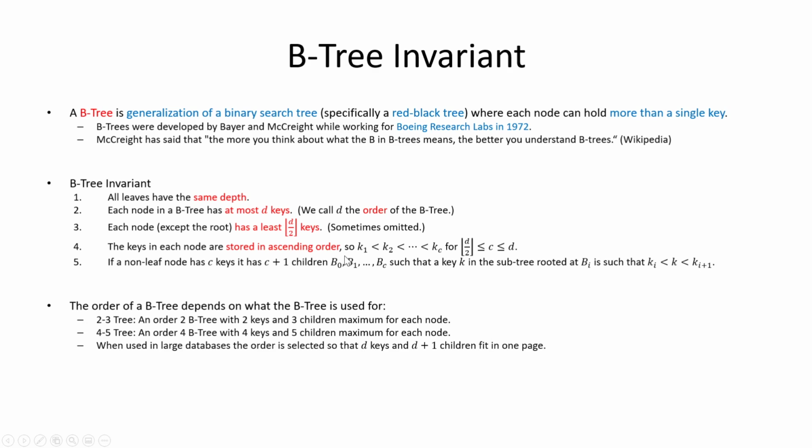So for the moment, let's just look at B1. B1 is going to be between K1 and K2. So any keys in this subtree B1 have to be greater than K1 and less than K2. Okay?